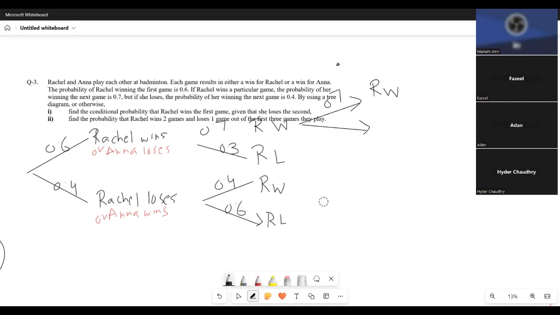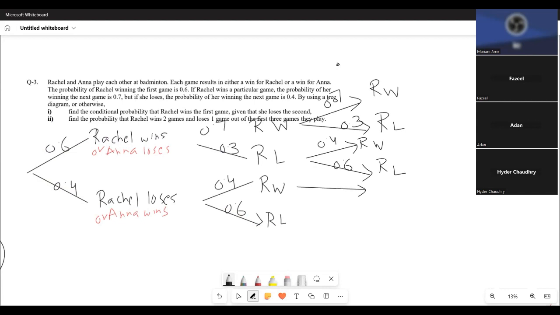And the probability that she loses is 0.3. अगर वो lose करती है तो probability that she wins is 0.4 and probability that she loses is 0.6. फिर अगर वो win करती है तो probability that she wins again is 0.7, probability that she loses is 0.3. और फिर अगर लूज करती है तो अगली बार विन करने की प्रोबेबिलिटी 0.4 और लूज करने की प्रोबेबिलिटी 0.6. Find the probability that Rachel wins 2 games and loses 1 game.